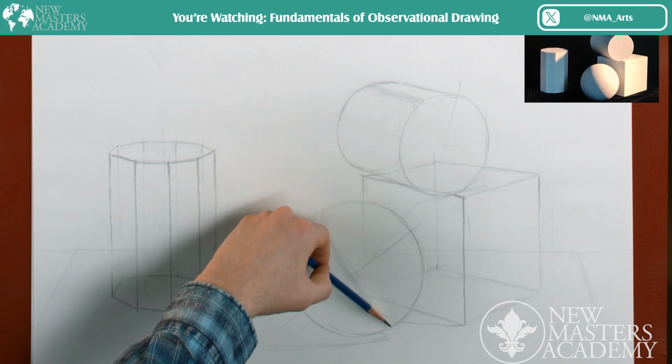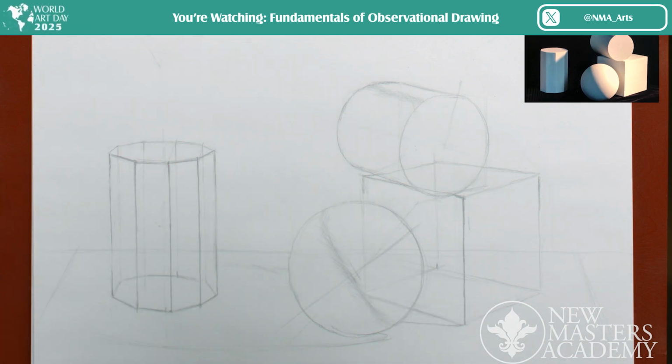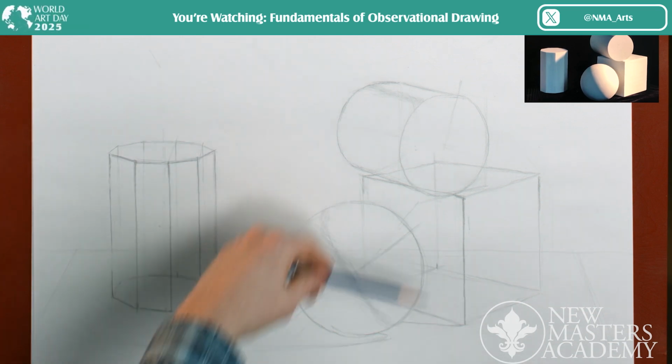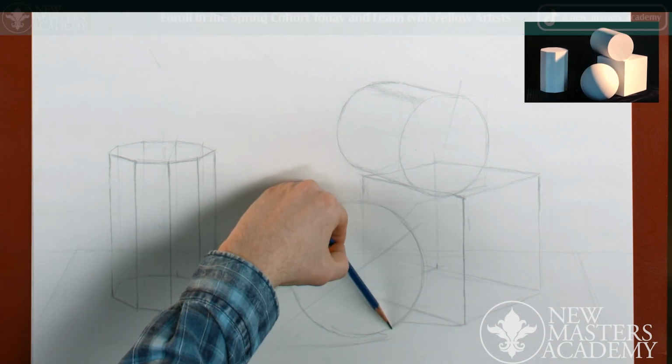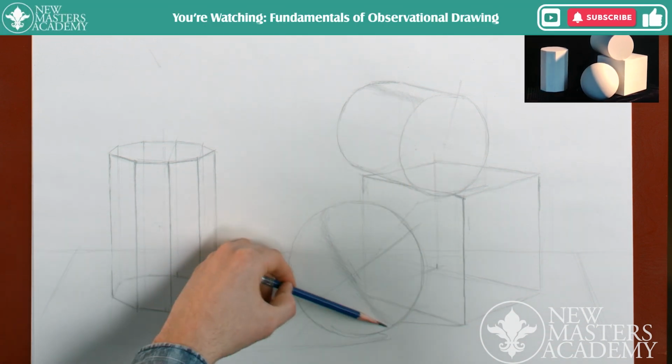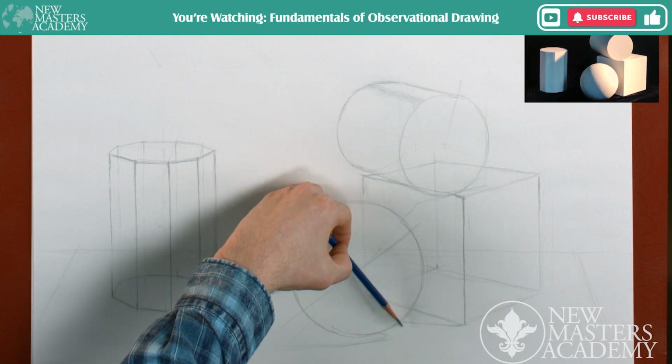If you recall, you can't actually connect your terminator on a sphere with the cast shadow on the surface that it's on because of the angle of our light.